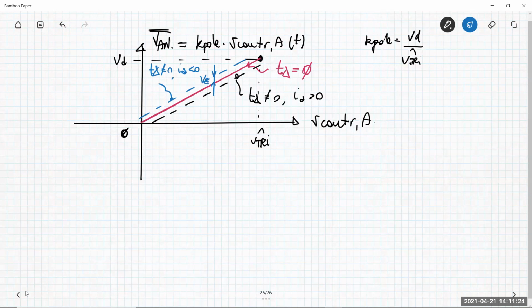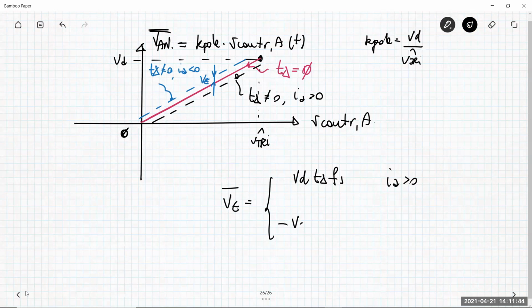Of course, I have this error, because V epsilon average value is VD T delta Fs for positive current, or negative VD T delta switching frequency for negative current, and I have to correct this value.